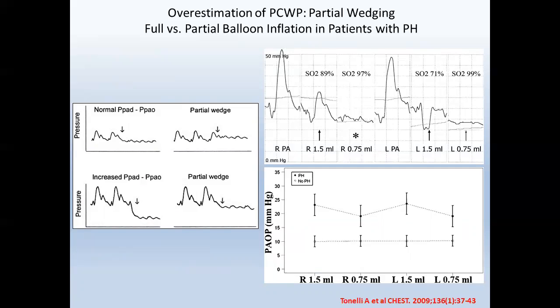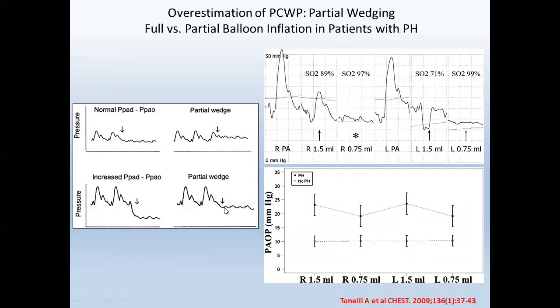In a normal person, if you partially wedge for some reason, the wedge pressure will be higher than your PA diastolic. Then your antennas will go up and say, that's not physiologically possible, so I did something wrong. However, in PAH, you can be easily fooled. Why? Because of their vascular remodeling, their PA diastolic pressure is much higher than their wedge pressure, so you have a huge gradient.